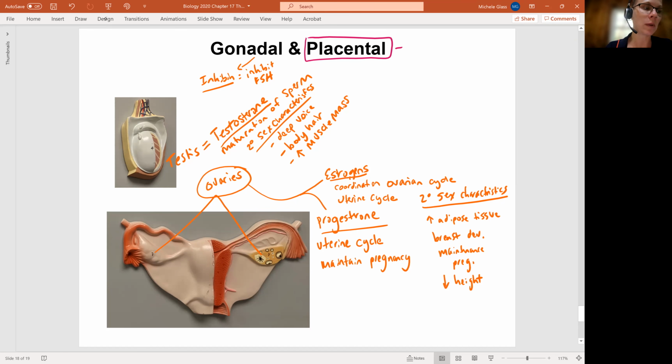And the hormone that will be produced here is called human chorionic gonadotropin. And the human chorionic gonadotropin is really going to maintain the pregnancy.